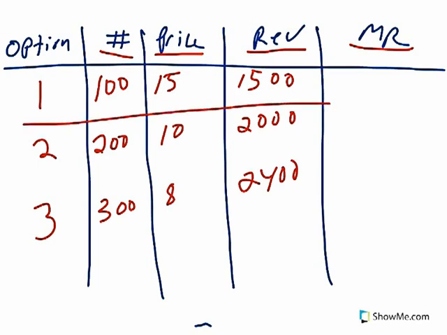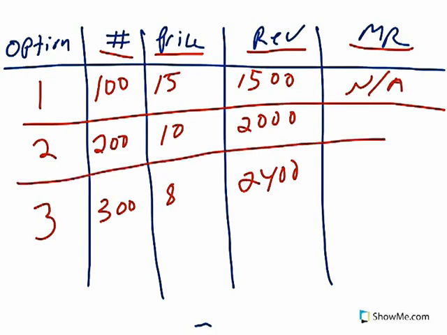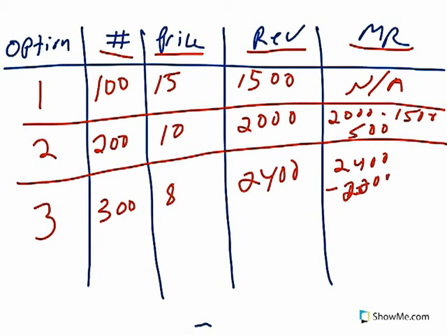The marginal revenue for option 1 is going to be not applicable. The marginal revenue for option 2 is going to be 2,000 minus 1,500, which is equal to 500, and we can do the same calculation for option 3: 2,400 minus 2,000 gives us $400.